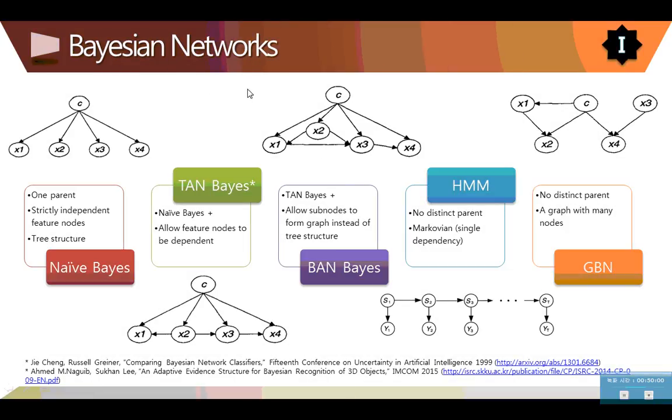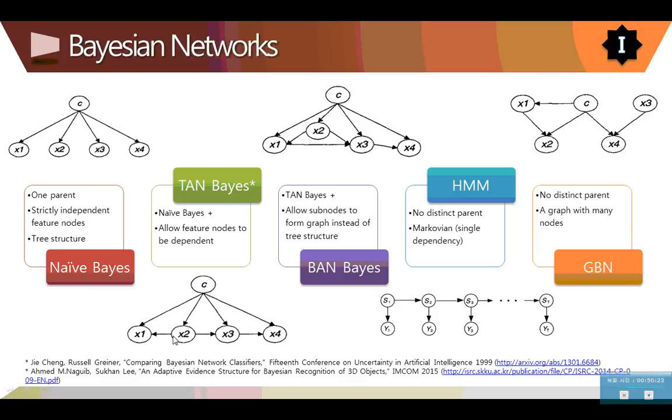The Bayesian networks, I briefly introduced them. I didn't talk about them in detail. There are different types of Bayesian networks: naive Bayesian network, tree-augmented naive Bayesian network. I forget the name of this one, but this is a hidden Markov model. This is the general Bayesian network. The difference between them is the dependency levels.